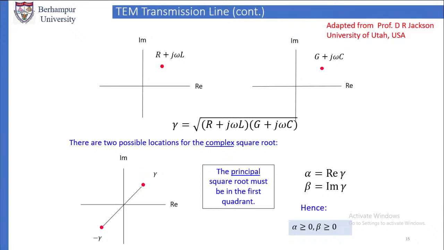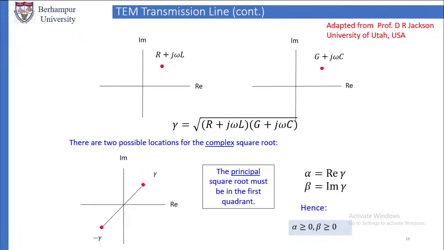The other possibility is the third quadrant, because if both of them are negative, then also their square root will be positive. So there are two possible locations for the complex square root.